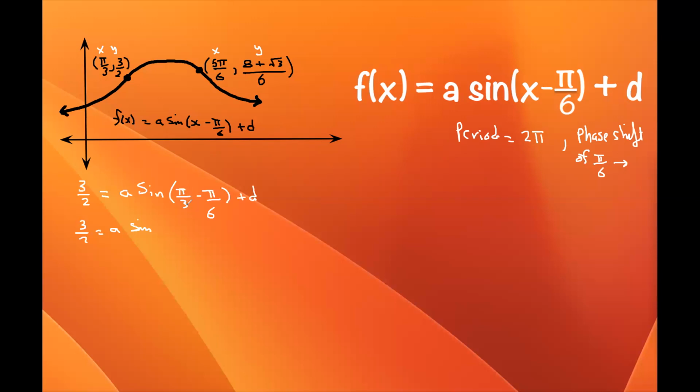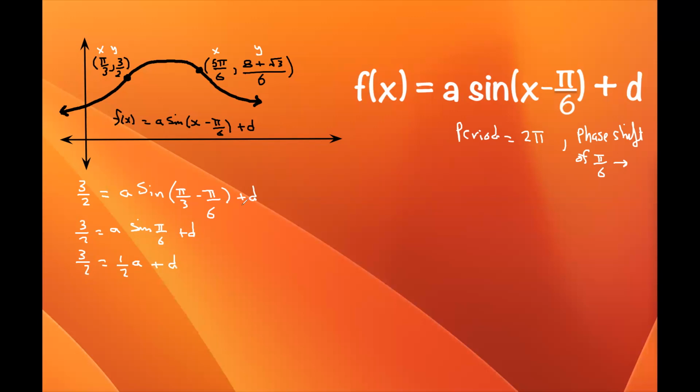Basically, just do a common denominator, multiply the 3 by 2 and the pi by 2, so you get 2 pi over 6 minus pi over 6. So this becomes sine pi over 6 plus D. 3/2 equals, sine pi over 6 is 1/2. That's the 30 degrees, so sine of 30 is 1/2, so we have 1/2 A plus D.